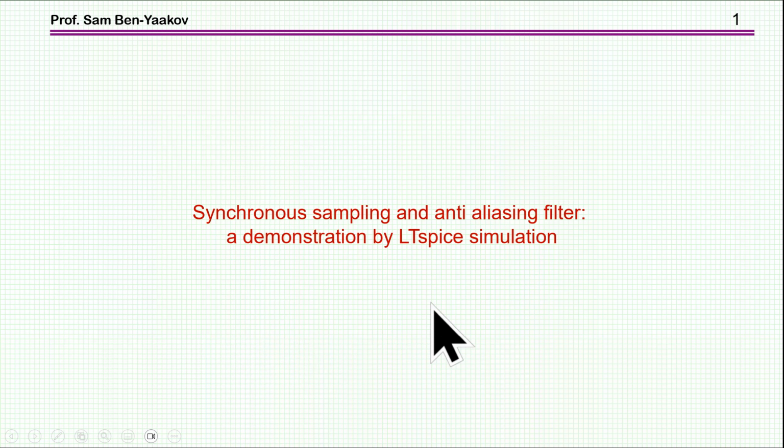It is an intuitive explanation using simulation, just to get hold of what is really going on with the sampling and the folding and the aliasing, as well as the advantage of synchronous sampling. So I hope this will be helpful to some who are a little bit baffled by the whole issue, and this will give a better intuitive understanding of the whole issue.